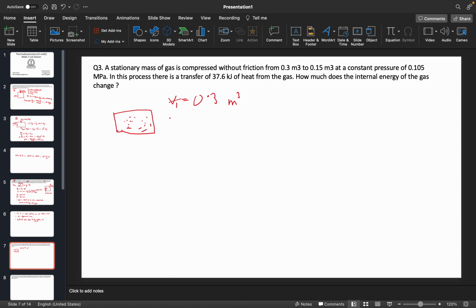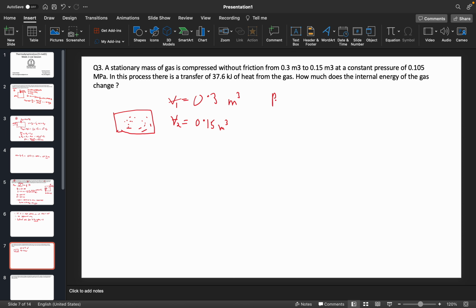I'm just compressing it, and whenever we compress, what happens? Pressure increases or volume decreases, but here the compression is done in such a way that the volume is decreasing and the pressure is kept constant. So you are compressing it to a state where your volume V2 becomes 0.15 meter cube.